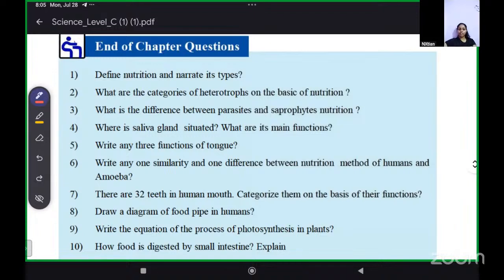Emma? Okay, Abraham, what is nutrition? Ma'am, nutrition is the process of getting nutrients from a substance. Yes, and what are the types of nutrition?